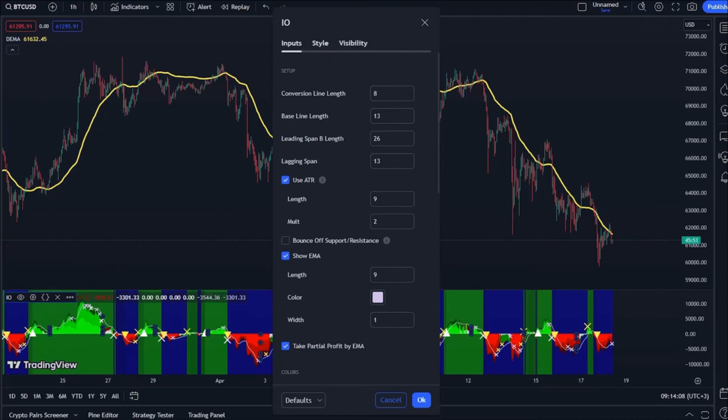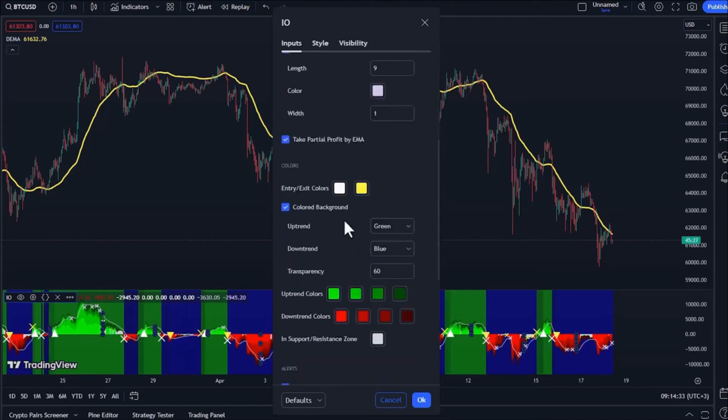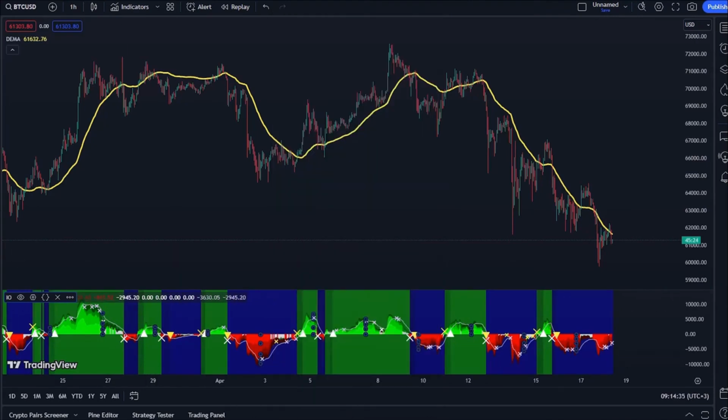The first change we make is to set the conversion to 9 and the baseline to 26. We set the Senkou B to 45 and the lagging span to 9. We don't make any other specific changes to the rest of the settings and click OK.